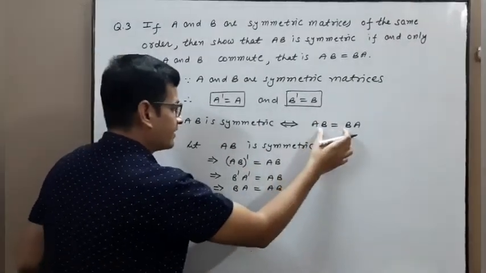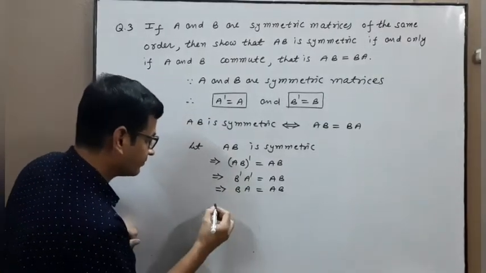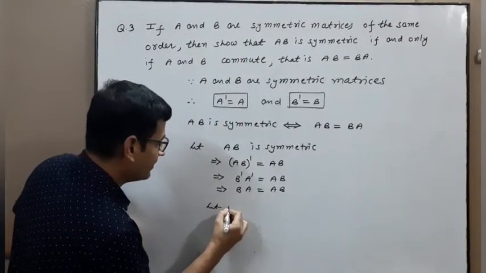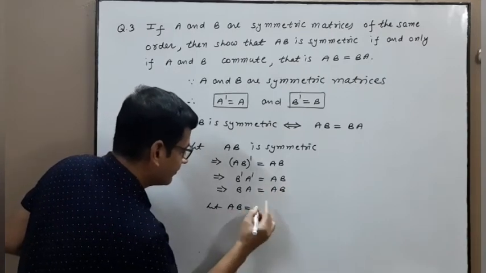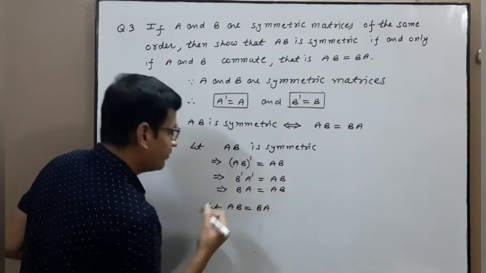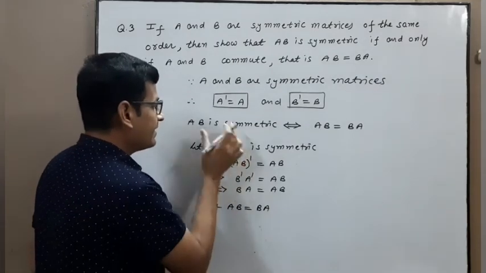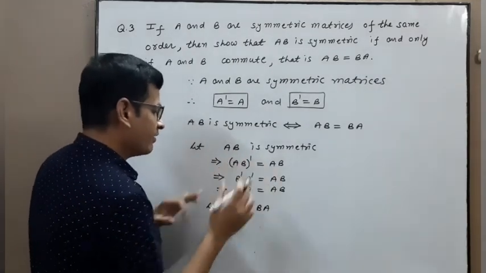And now start from this. AB equal to BA. Let AB equal BA, and we have to show AB is symmetric, meaning transpose of AB equals AB.